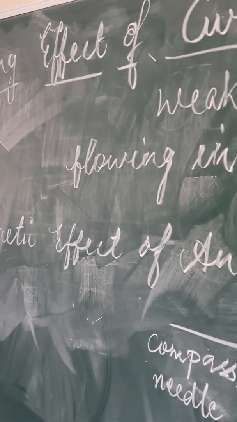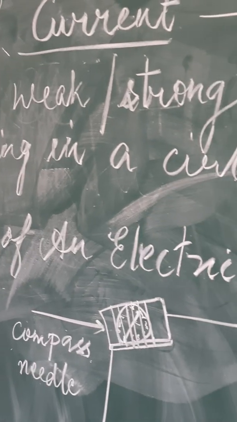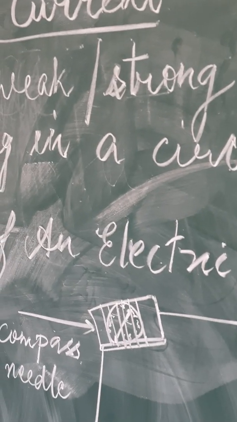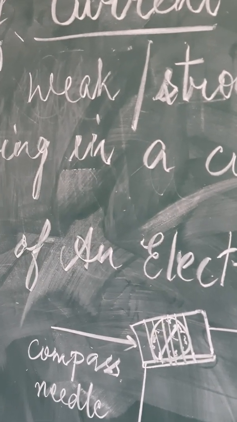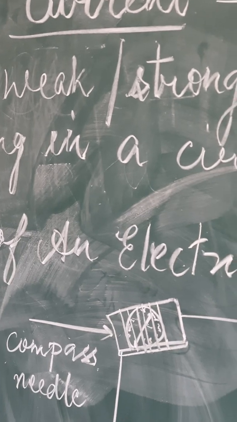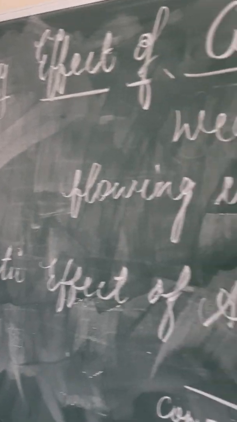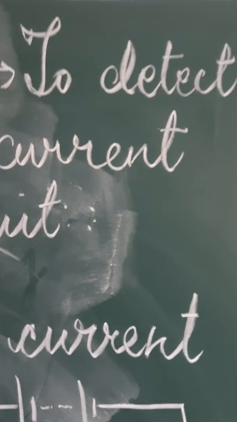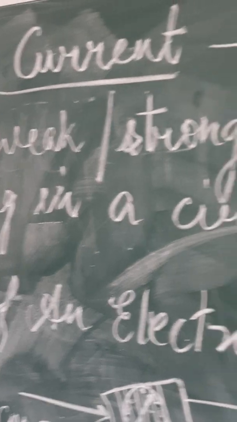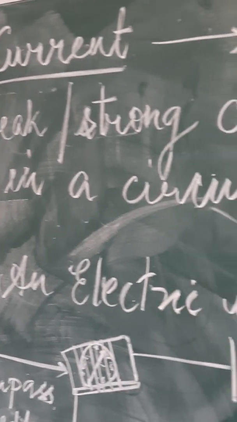That we have completed. Now children, if we want to detect whether vinegar or lemon juice is a weak liquid or a strong liquid, rather than the heating effect of current, is there any other method to detect weak or strong current flowing in a circuit?